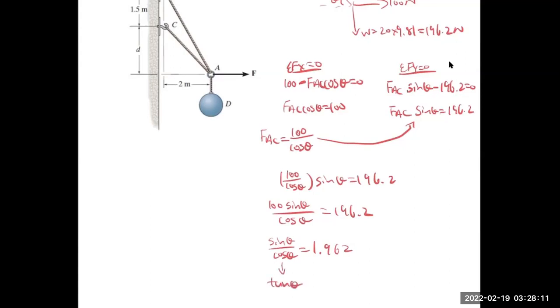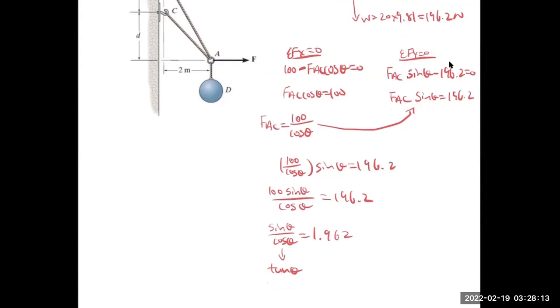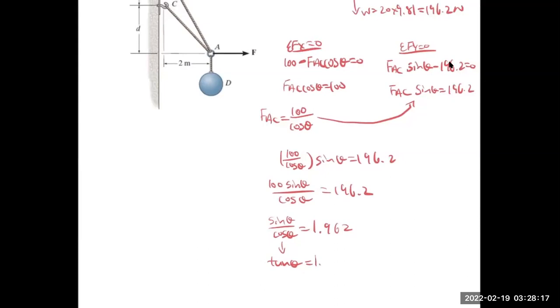From our trigonometry. So then tangent theta is equal to 1.962. And then we can just take the inverse of tangent to find out what theta is. Theta is equal to 63 degrees.